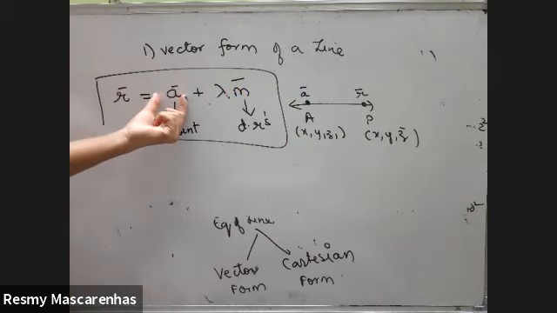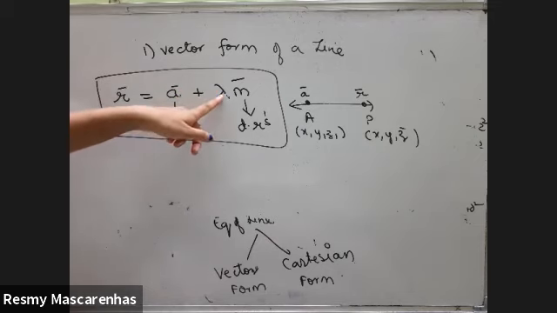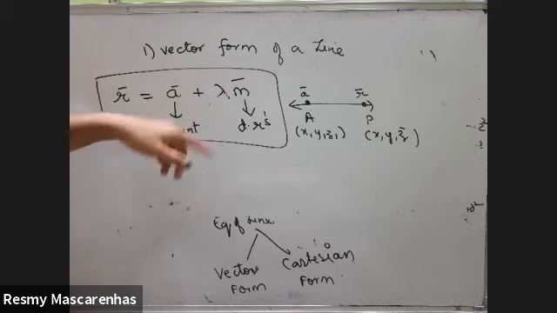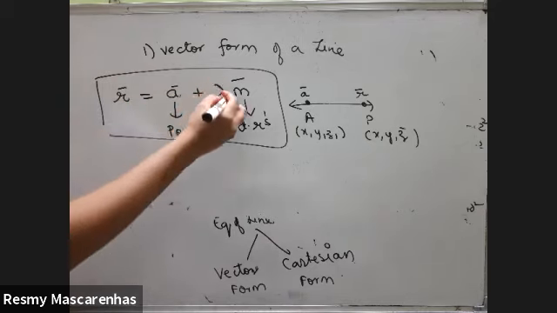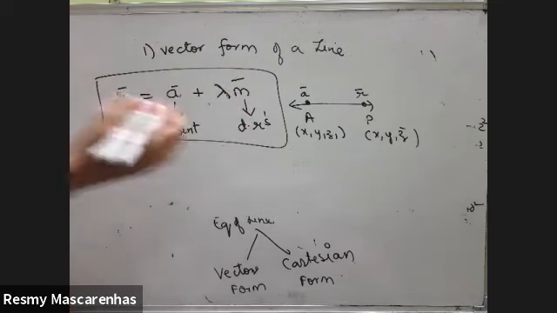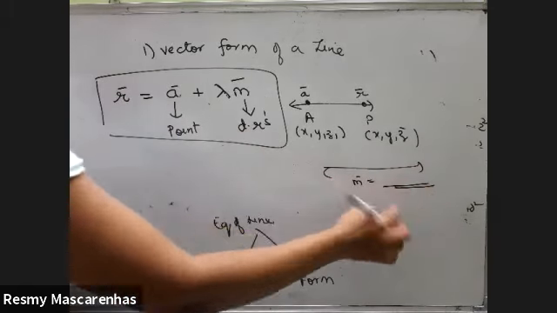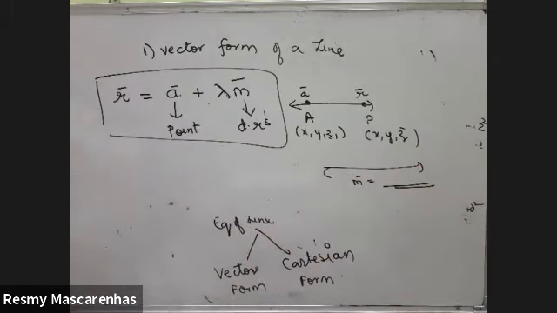But remember, whichever is single will be the point. Whichever comes along with lambda, or t or u, any other letter they might use, is always the direction ratios of whatever it is parallel or perpendicular to. So this is the vector equation of a line.